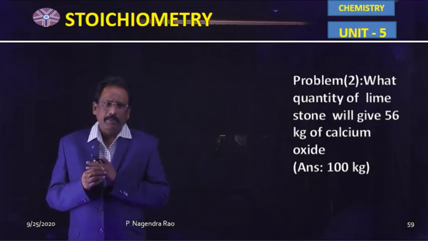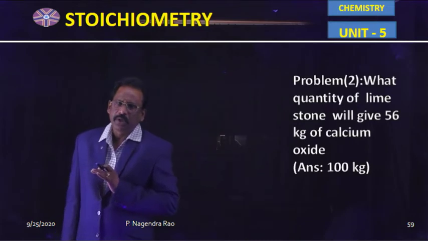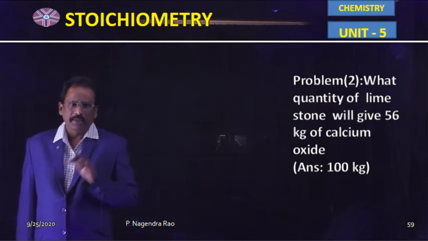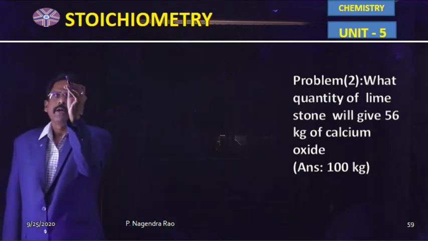And the second problem is: what quantity of limestone will give 56 kilograms of calcium oxide? This is also another example of weight calculation. First write the decomposition of limestone.